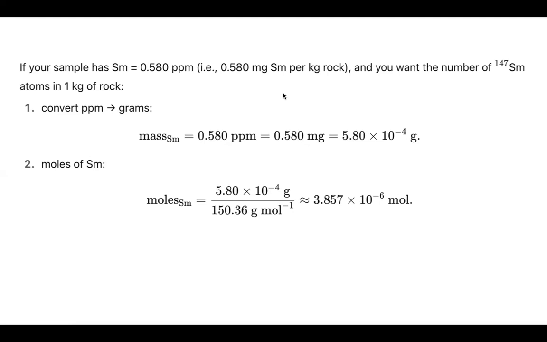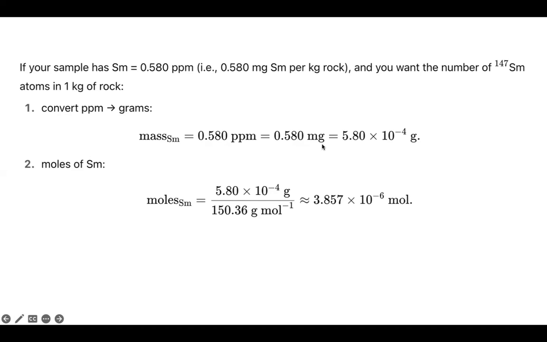Since this is ppm, meaning parts per million, it's better that we convert it into grams. How can you do that? 0.580 ppm means 0.580 milligrams, right?